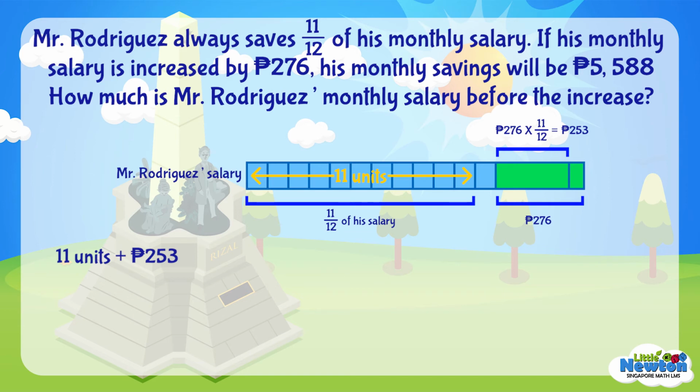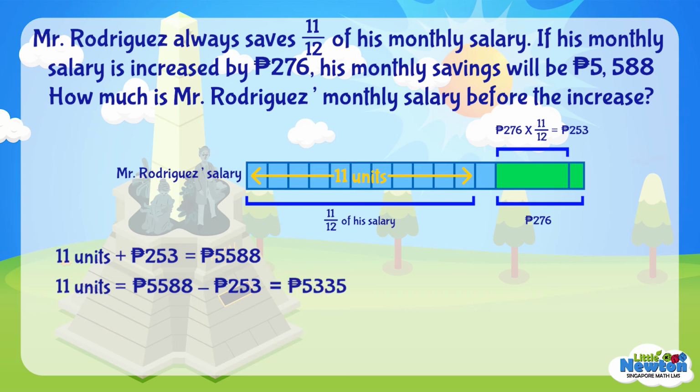11 units plus 253 pesos equals 5,588 pesos. 11 units is equal to 5,588 pesos minus 253 pesos equals 5,335 pesos. 1 unit is equal to 5,335 divided by 11 equals 485 pesos.